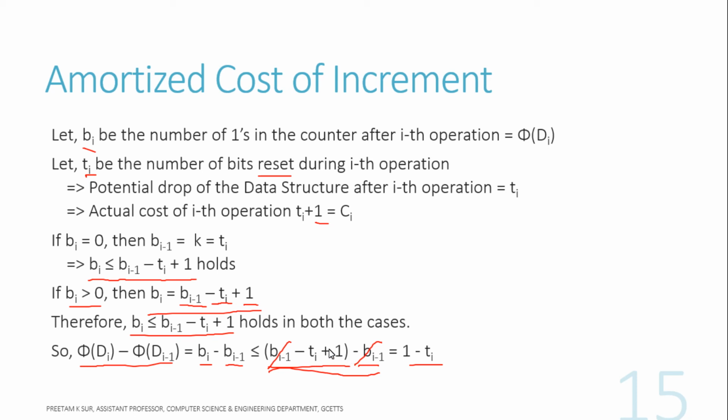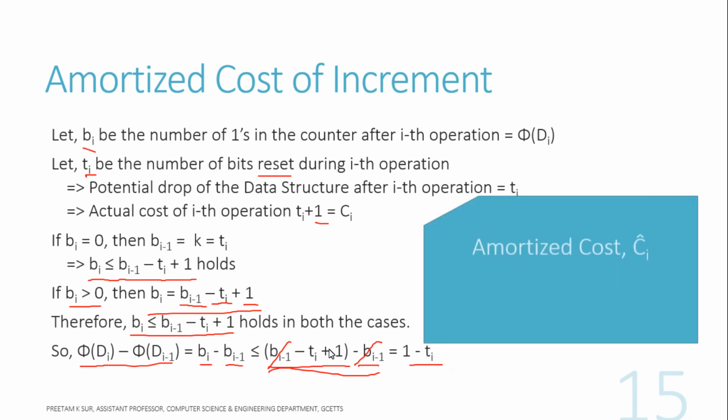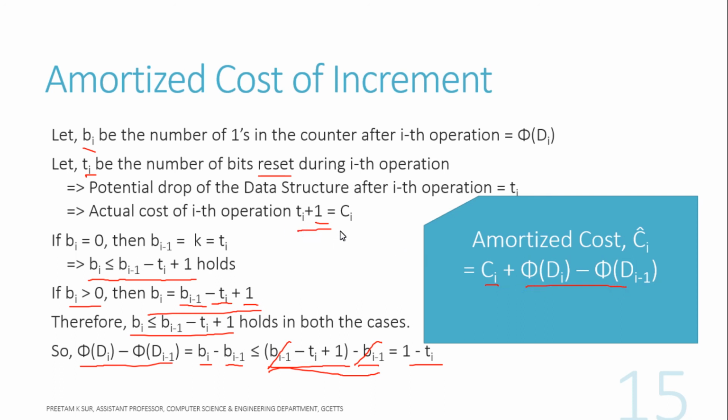Okay, so what can we tell? We can tell the amortized cost of the ith operation, as you know, is basically the actual cost plus the potential difference. So the amortized cost of the ith operation, c-hat i, is ci, the actual cost for the ith operation, plus the potential difference. We have found that the actual cost is ti plus 1, and we also have found that the potential difference is less than or equal to 1 minus ti.